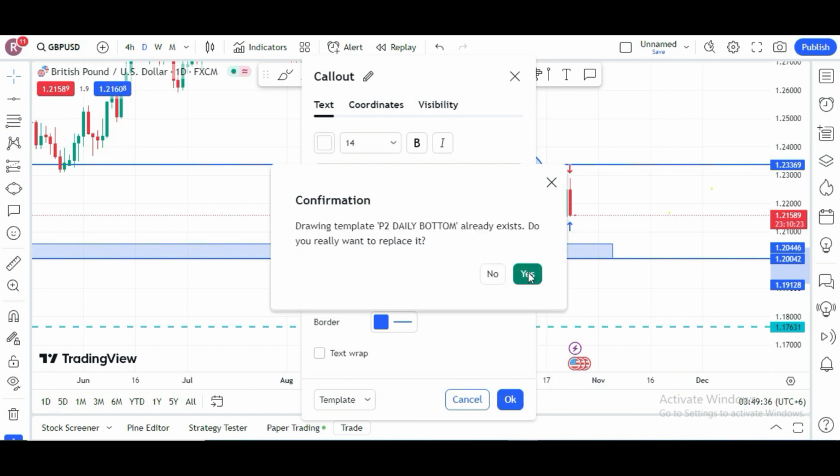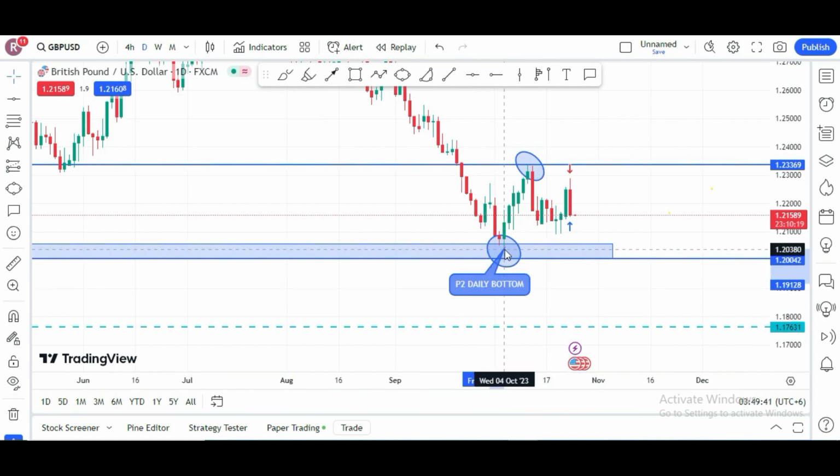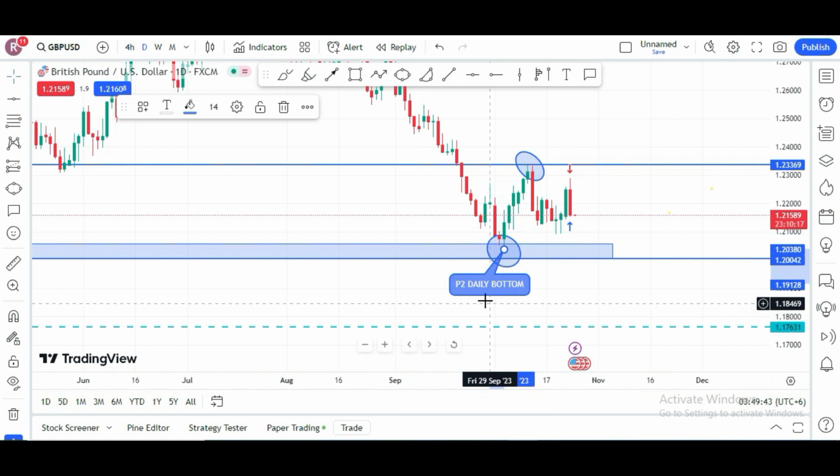That is better. So it has created this one. So this is our pattern 2.